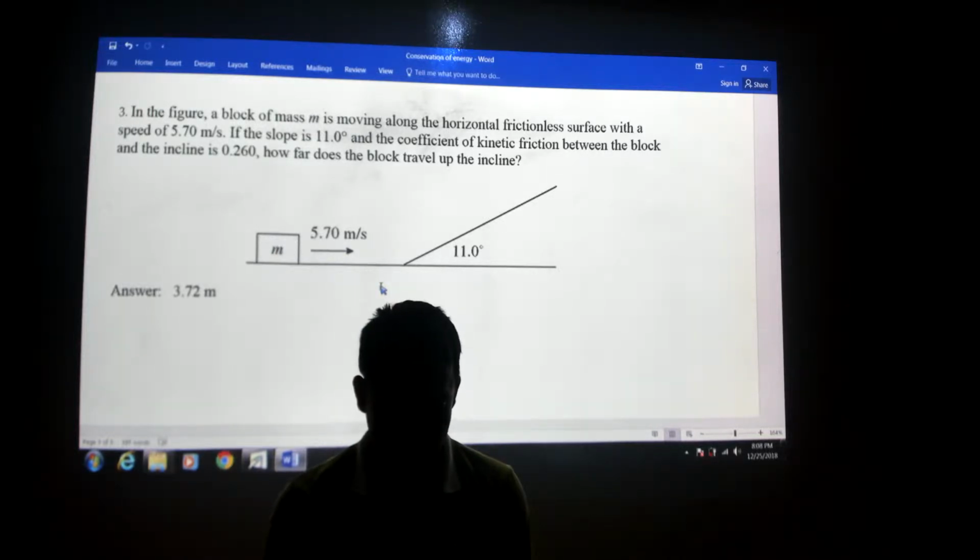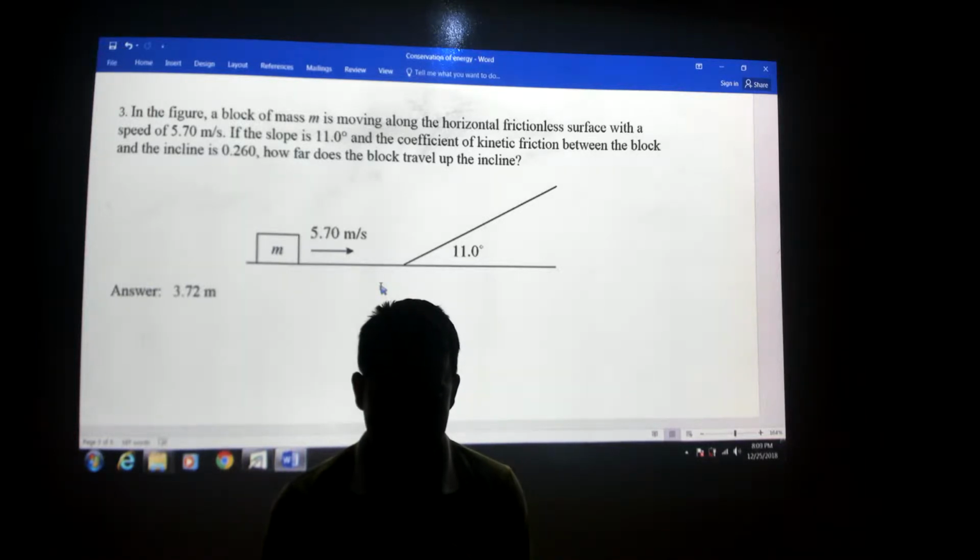plane. Again, the concept that I'm going to use for this problem is the conservation of energy. In this case, the kinetic energy changes into potential energy, plus some of the kinetic energy is lost in the form of frictional energy, because there is a friction too.